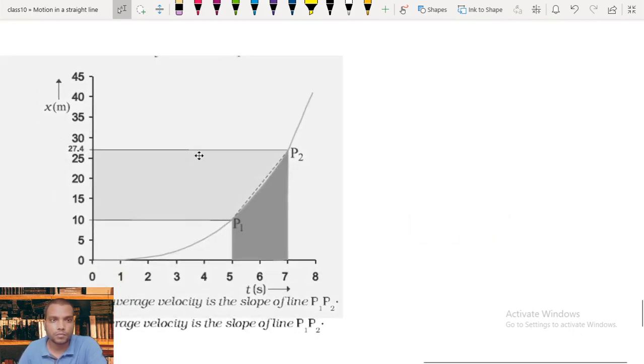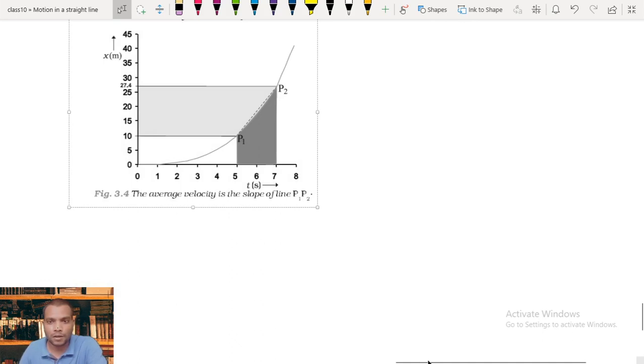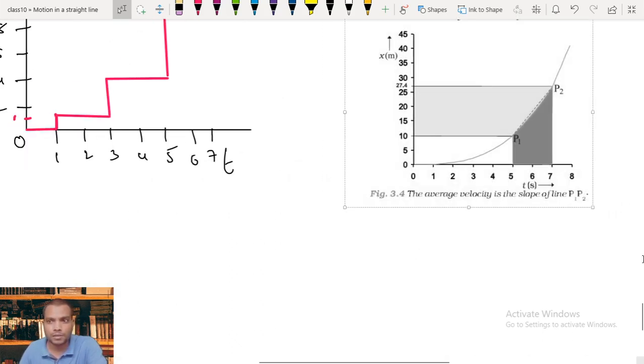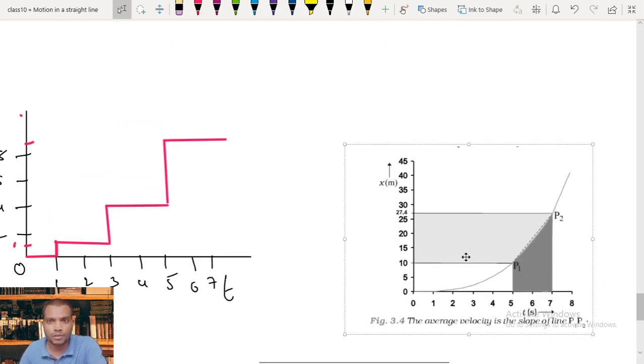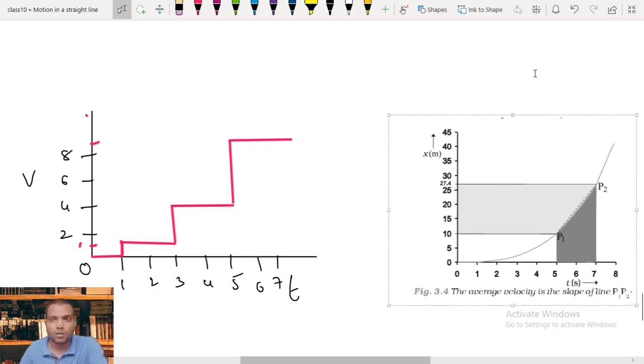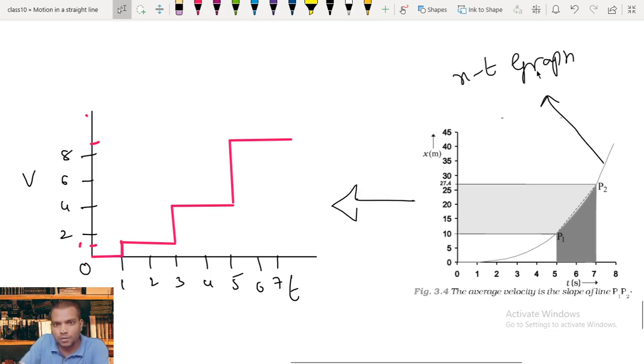If you look at the curve and the difference in how the velocity versus time graph became, this is a non-uniform motion position versus time graph, and this became the non-uniform motion velocity versus time graph.